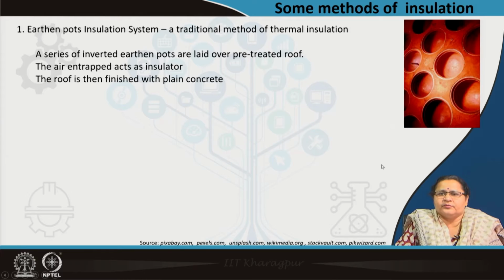Maybe in this picture you can see, this is made of terracotta. What you see is holes. We had discussed that air is a bad conductor of heat and sound. So, you can see this kind of inverted earthen pots, they are still in practice in our country, particularly when it is a roof, a large expanse.